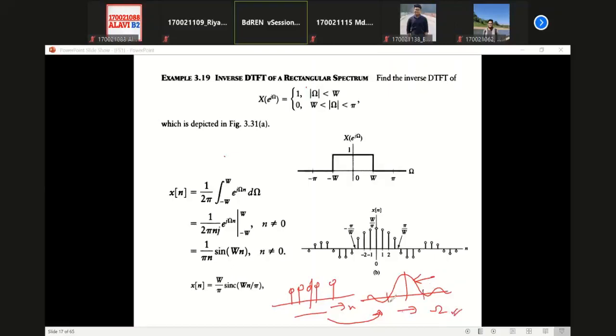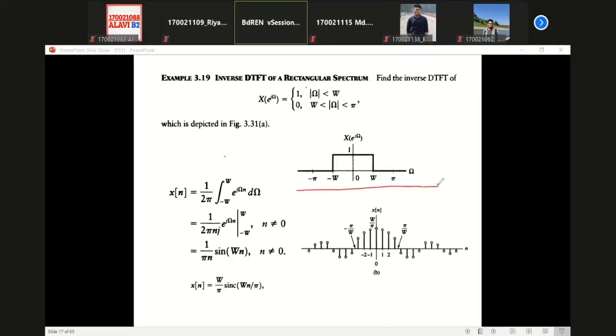Okay. Now with this thing, let us start with the inverse problem. Consider that we have a pulse in the frequency domain. A frequency domain pulse can be defined in this way. That we have a Fourier transform of a function.